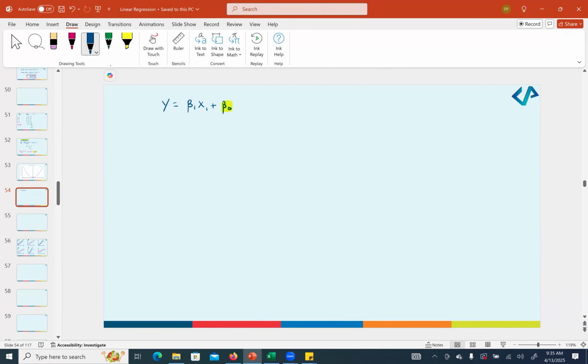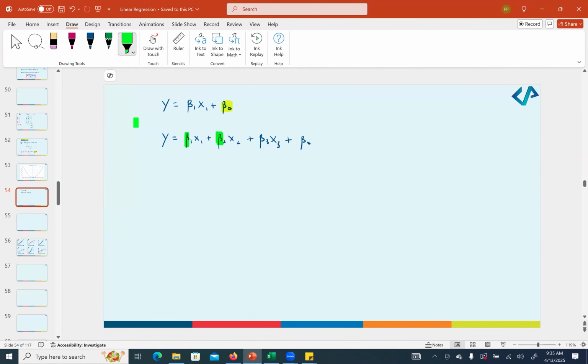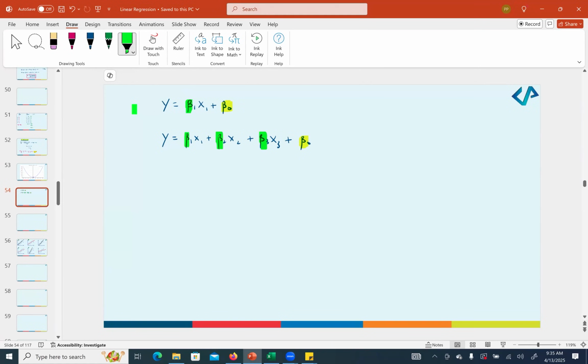So even if I have multiple linear regression, which is y equal to beta 1 x1 plus beta 2 x2 plus beta 3 x3 plus beta naught, my model will be able to predict beta 1, beta 2, beta 3, but beta naught it won't be able to predict. The package that we are using has that limitation.